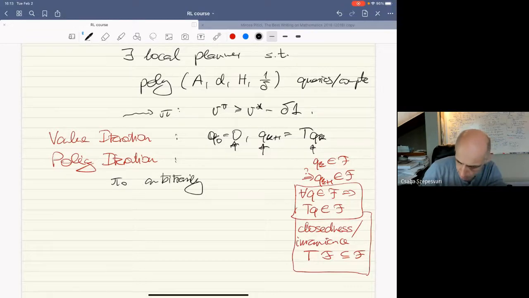And then choose pi k plus 1 to be greedy.